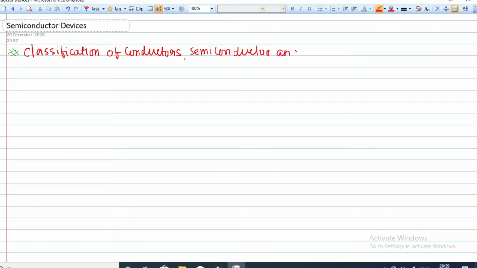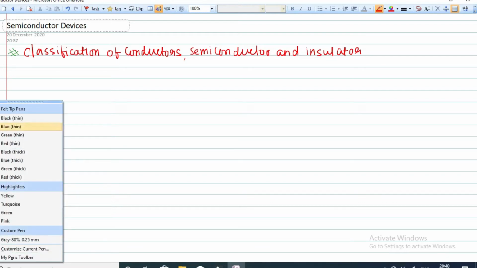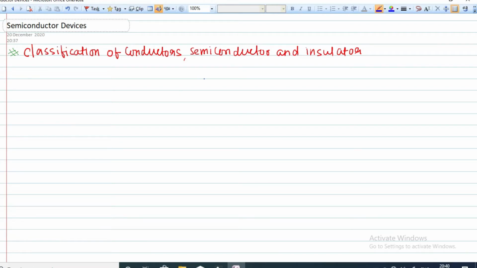Basically there are two bases of classification of semiconductor, insulator and conductor. The first basis is on the basis of conductivity.